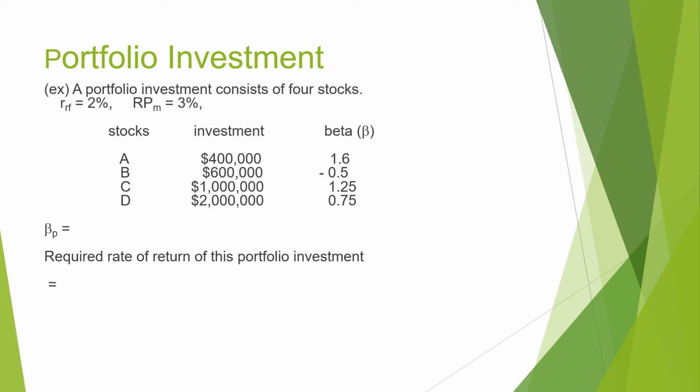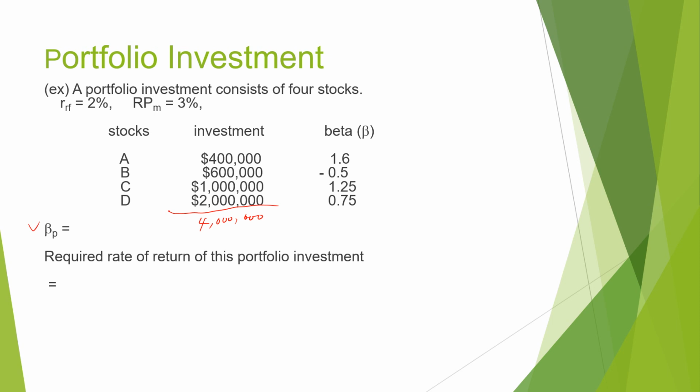First of all, we need to figure out portfolio beta. Each stock's beta are given, right? It's given here. So we want to find out weight of stocks A, B, C, D, right? And then the total is 1 million, 2 million, 3 million and $4 million, right? Total is $4 million.